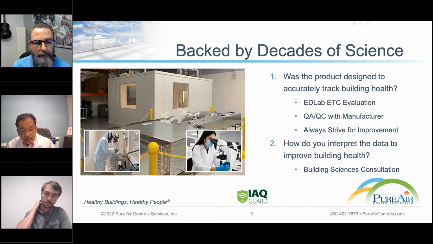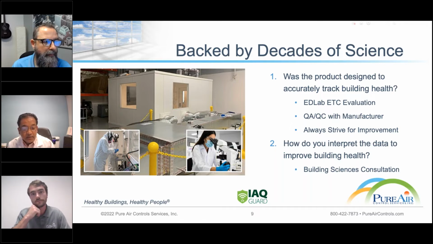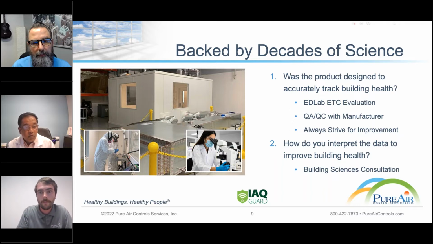The second thing we did was create a different kind of simulation by introducing more particles, volatile organic compounds, and formaldehyde, and then we studied the capability of these sensing devices, how good this kind of equipment is at performing in order to get the real data.